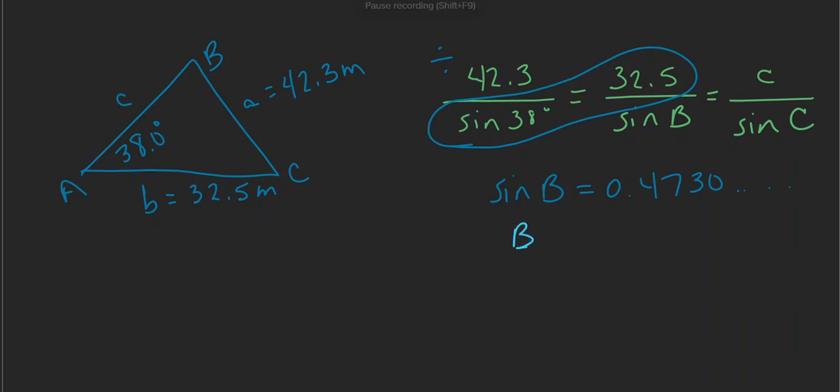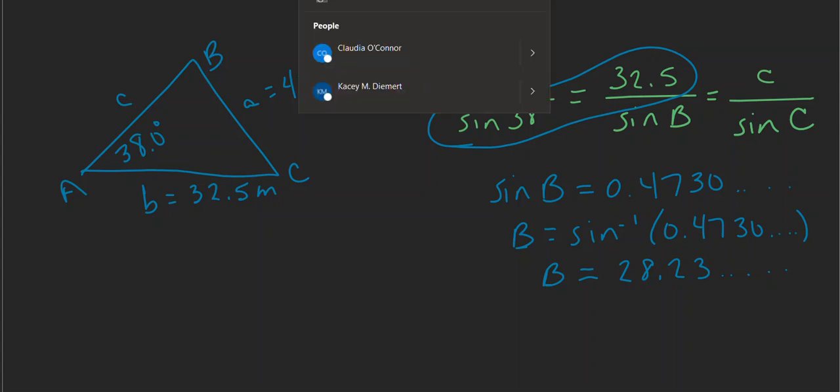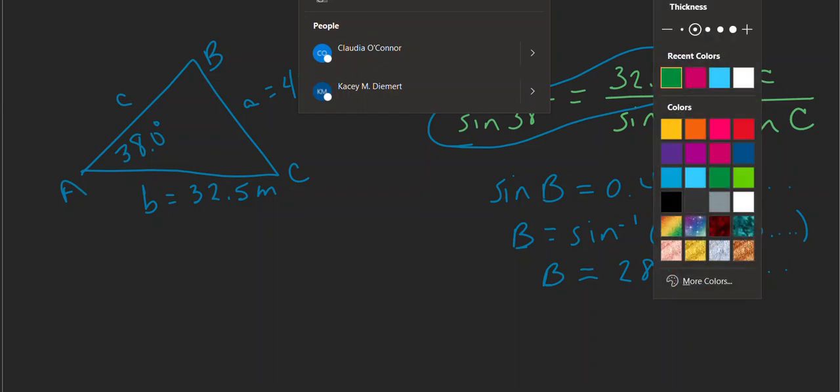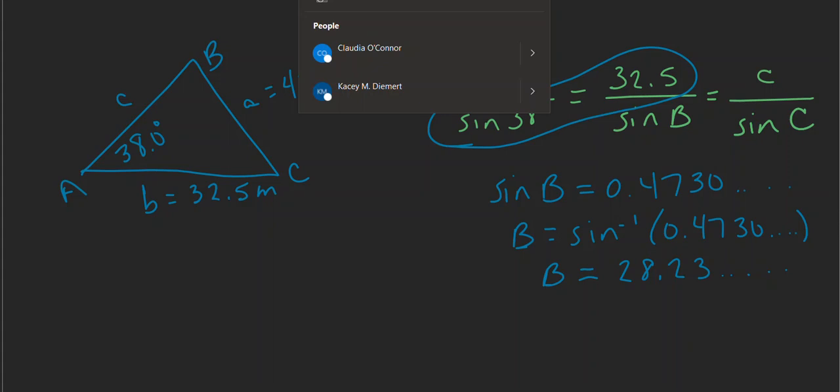So I'm going to do inverse sine of that number, and it tells me that angle B is approximately 28.23 and so on. Now when I look over at my original problem, I can see that my angle is to the nearest tenth, so I'm going to answer my angle to the nearest tenth. So angle B is 28.2.